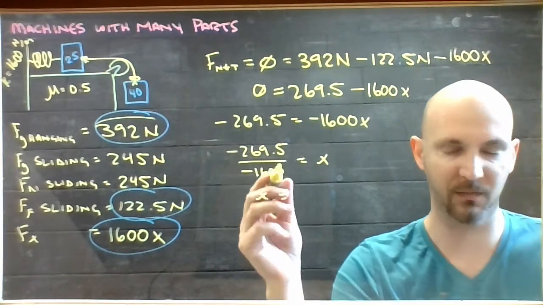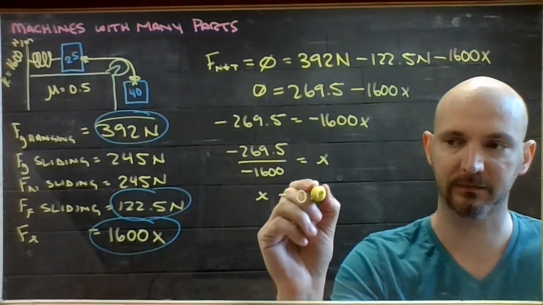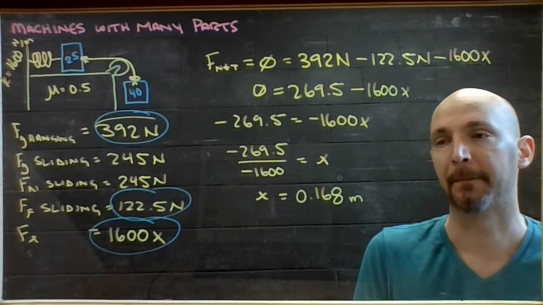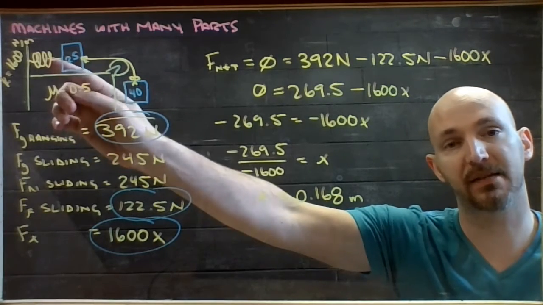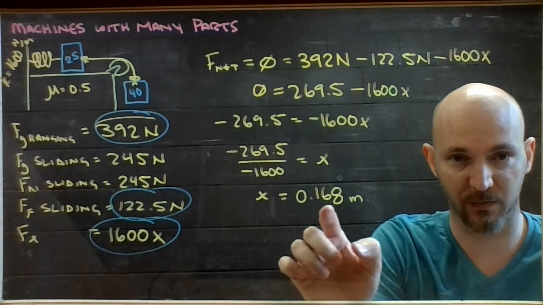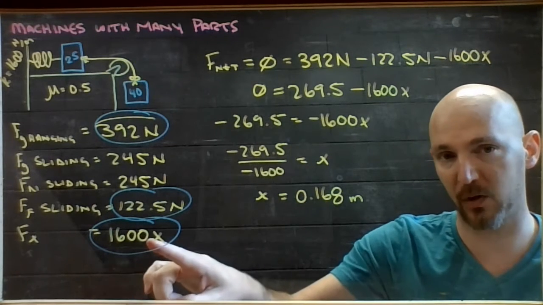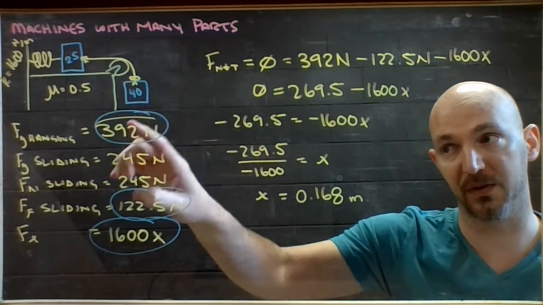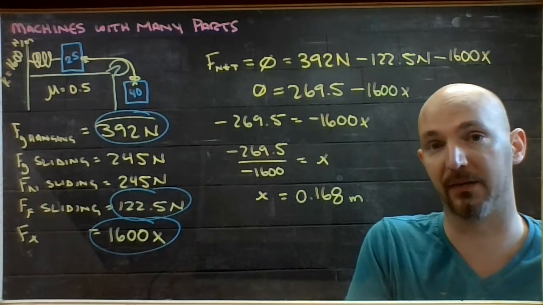Gives me 0.168 meters. So if this spring was stretched 16.8 centimeters or 0.168 meters, there would be enough pullback so that it, along with the friction, was able to neutralize the force of gravity from the hanging block.